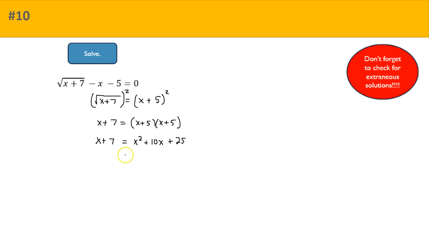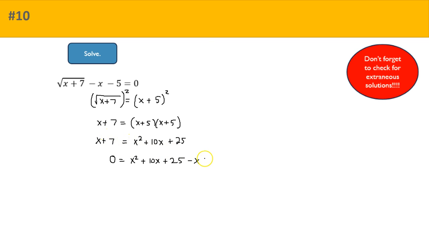Okay, now we need to get all of our terms and move them over to one side of the equation. In this case, we're moving it to the right. So we end up with 0 equals x squared plus 10x plus 25. And moving this x over makes it negative x.